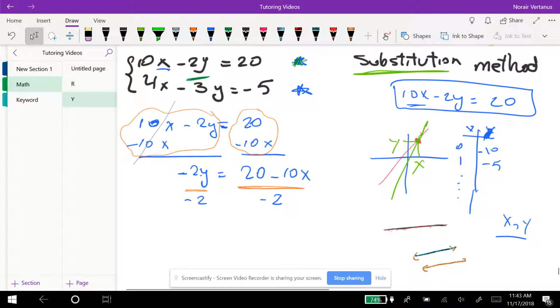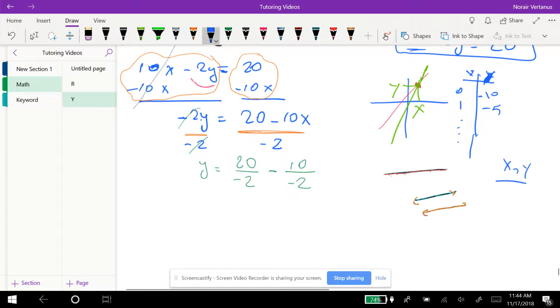Now that was a good choice for me, solving for negative 2y, as I mentioned earlier. Because now I'm dividing by negative 2, this negative 2 and negative 2 cancel. And the right side also simplifies. I'm going to show it to you now. y equal to 20 over negative 2 minus 10x over negative 2.